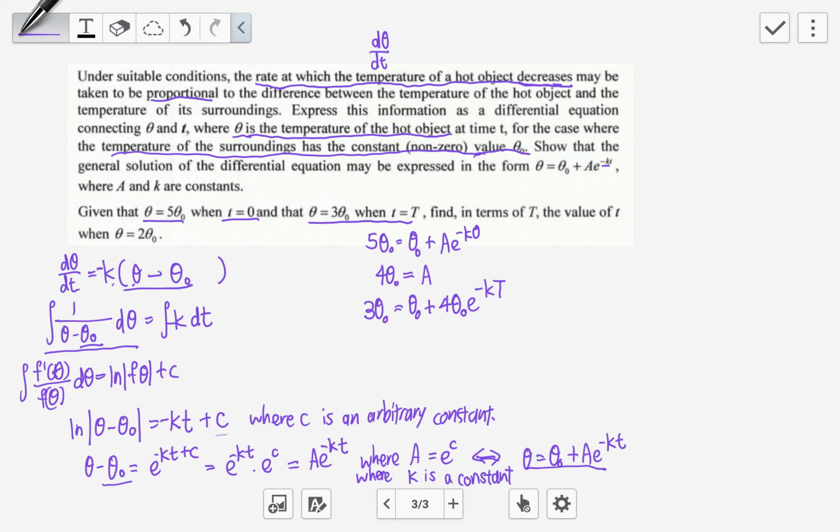So then this would be 2 theta naught equals 4 theta naught e to the minus KT. That means e to the minus KT equals half.